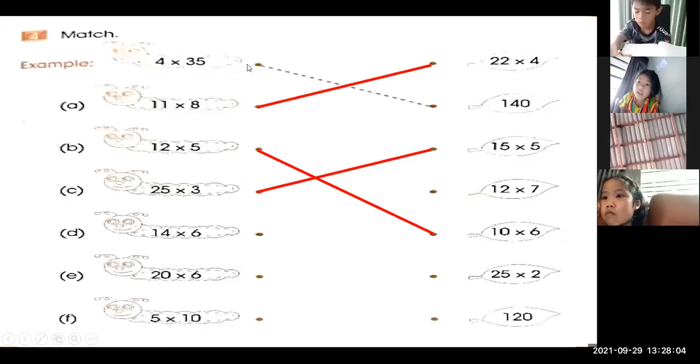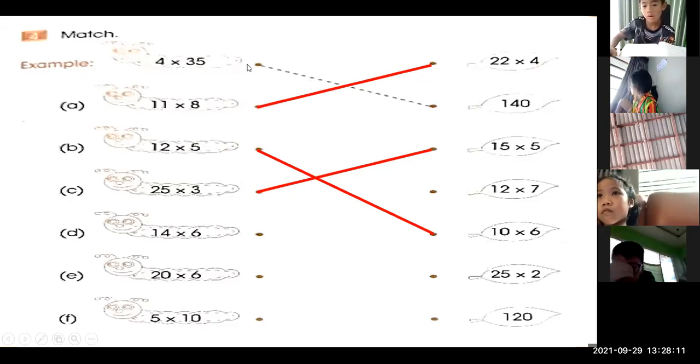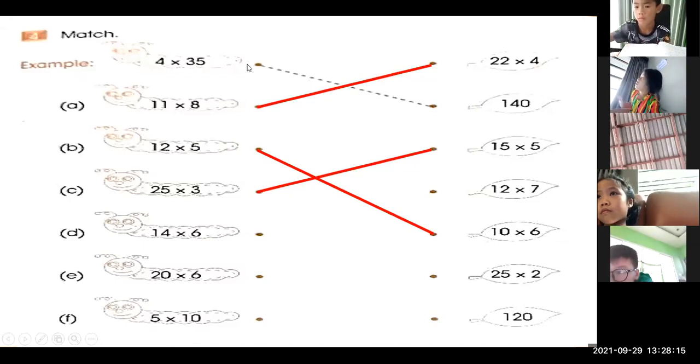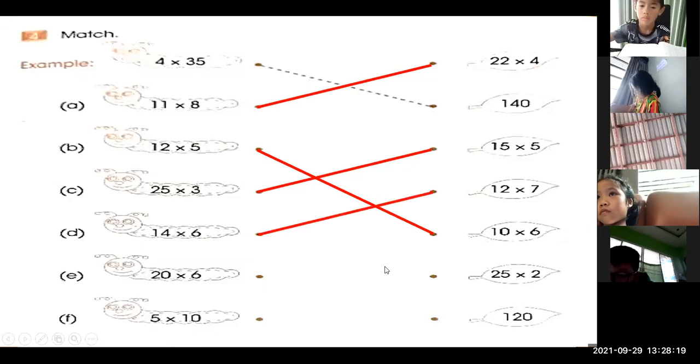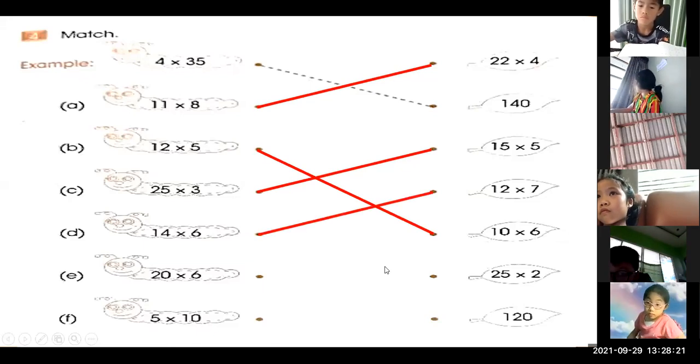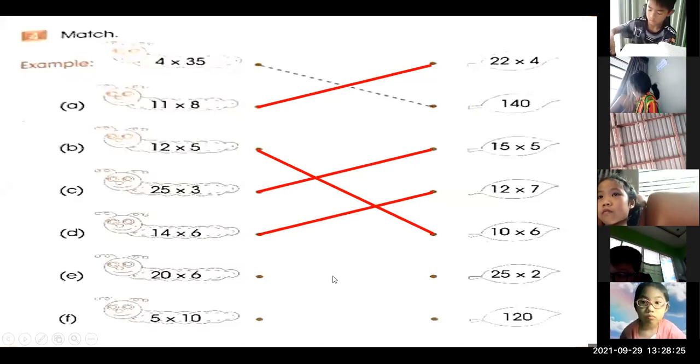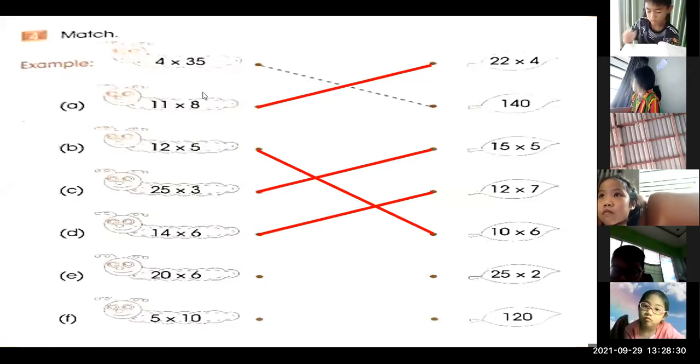What's your answer? If you know the answer, you can unmute your microphone and tell me your answers. 14 times 6, the partner is? That's the partner of 14 times 6. It's 12 times 7. 84.